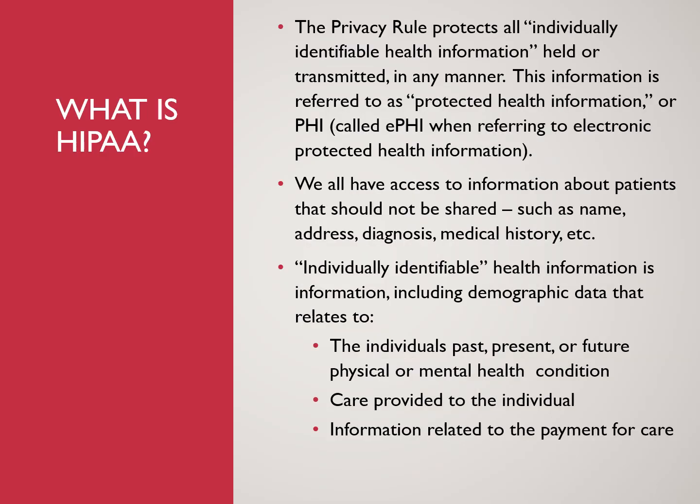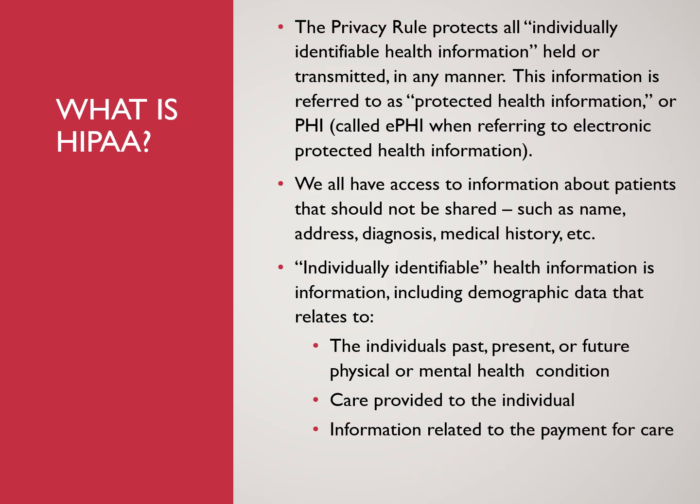So, what is HIPAA? The privacy rule protects all individually identifiable health information held or transmitted in any manner. This information is referred to as protected health information, or PHI. It can be called ePHI when referring to electronic protected health information.